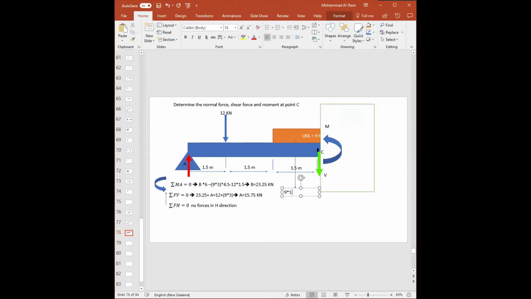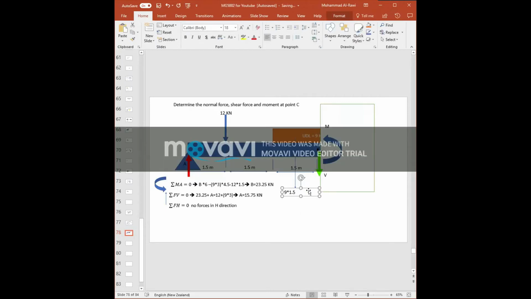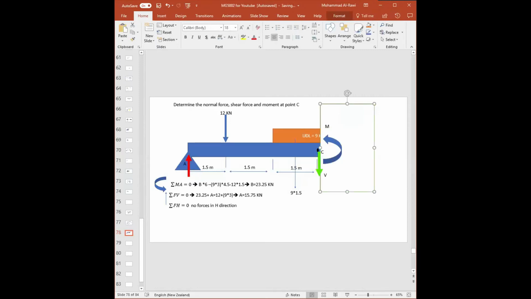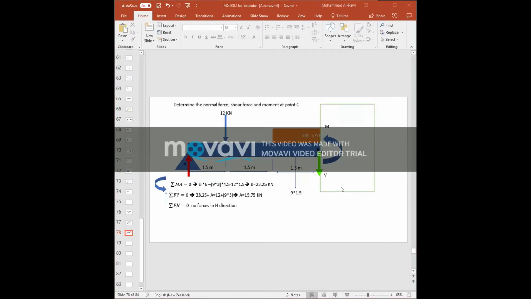Now it's 1.5, and we put it in the middle because since we cut, we lost 1.5 meters from that UDL, which is under this box when I did that imaginary cut. All right? Yes, exactly. So it's about 0.75 from each side. Well done.